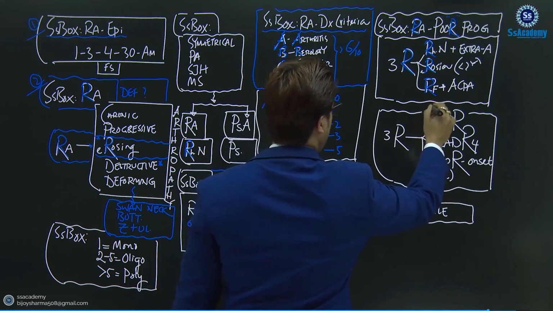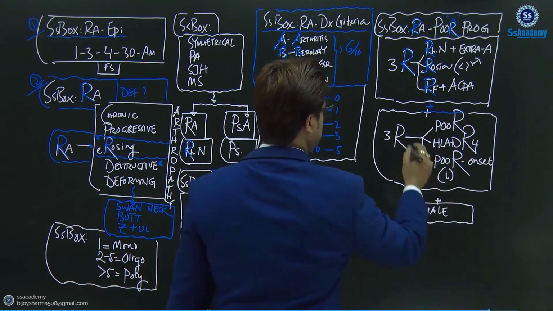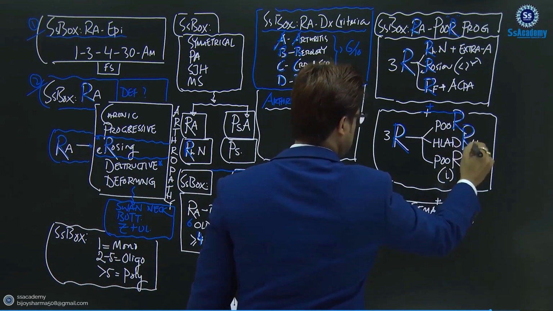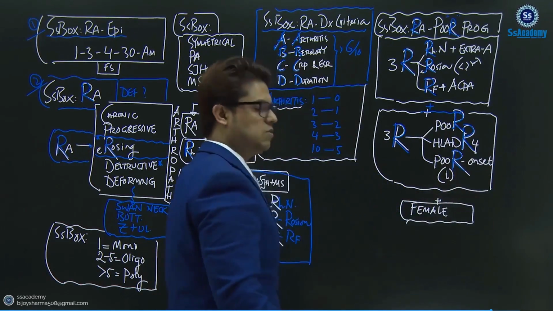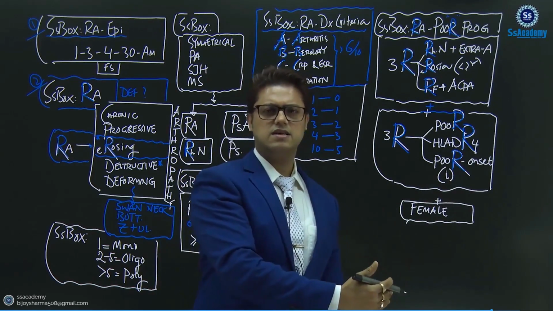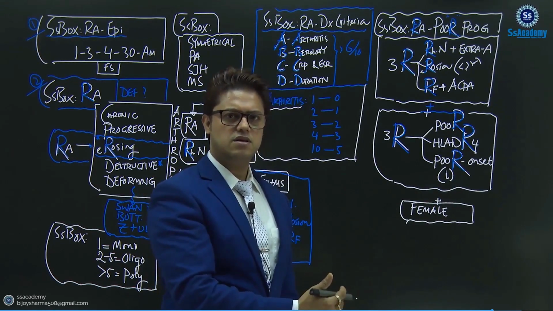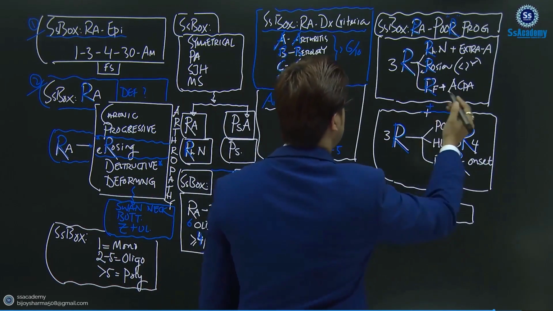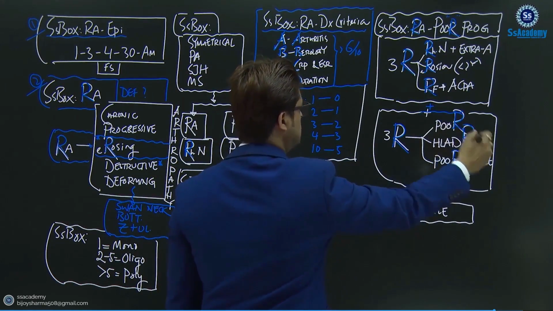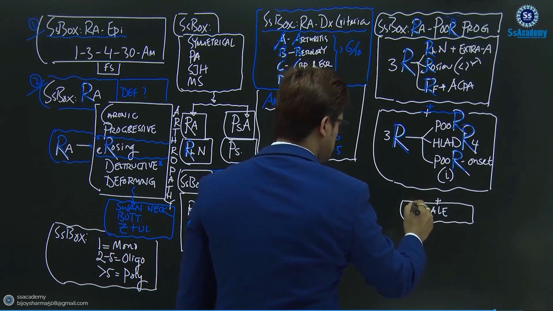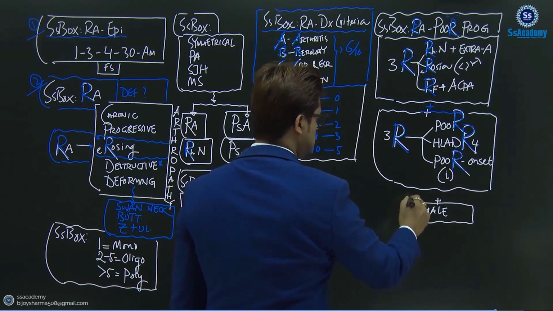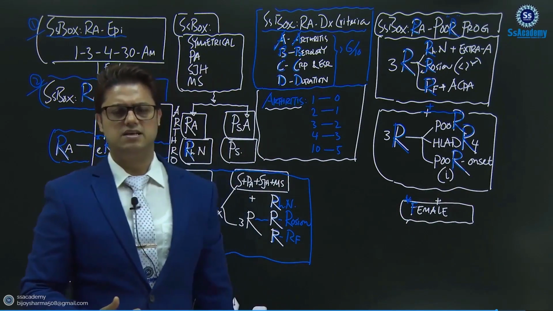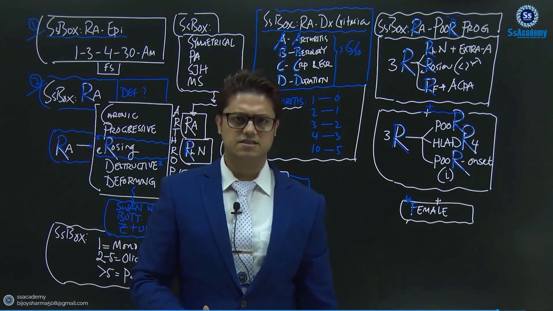And the other 3 R's that we added here: poor functional status, HLA-DR4, and the poor onset, meaning the insidious onset. But you can remember all these 3 already, you know the other 3 R that I added. But the most important thing, my dear, is female. This is another important thing that is usually encountered in your exam, my dear. So the poor prognostic features.